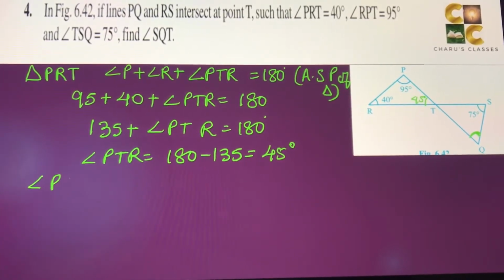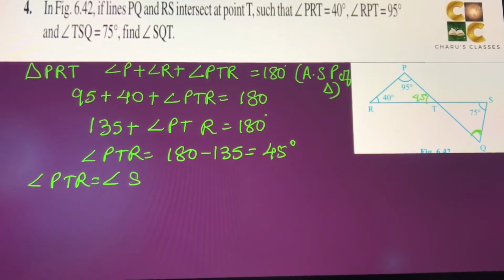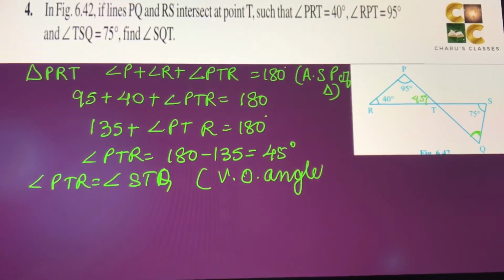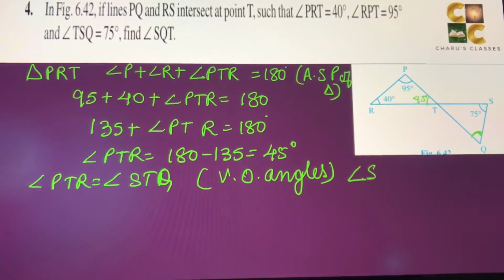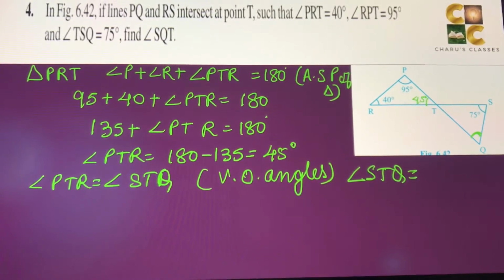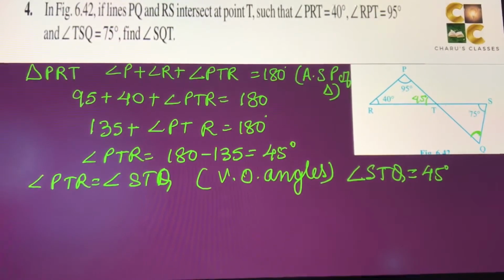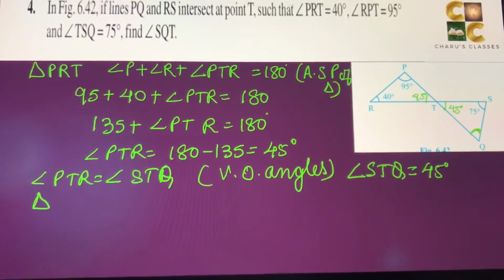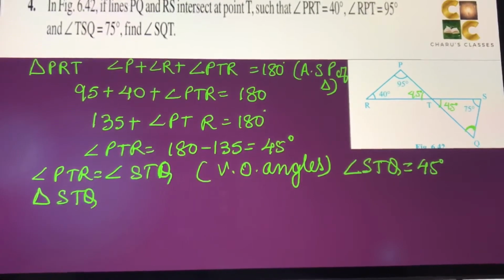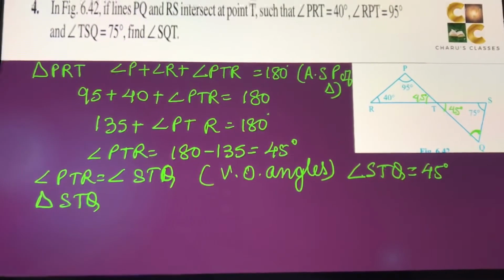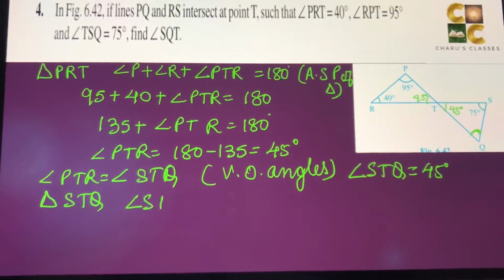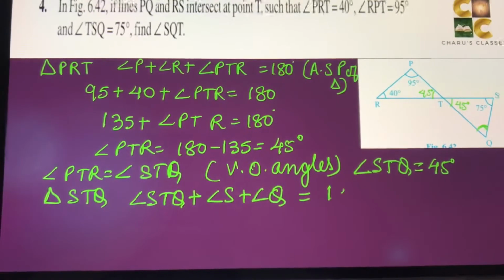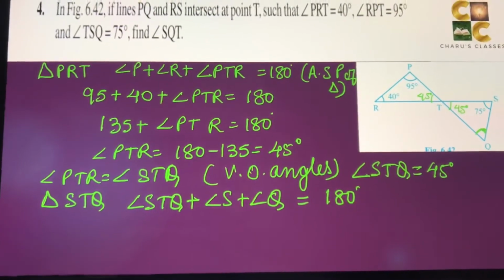Since angle PTR is equal to angle STQ, because they are vertically opposite angles, I can say that my angle STQ, which is equal to angle PTR, should also be 45 degrees. So this angle is also 45 degrees. Now we'll talk about triangle STQ. In this triangle, the sum of all angles is 180 degrees. So angle STQ plus angle S plus angle Q is equal to 180 degrees.